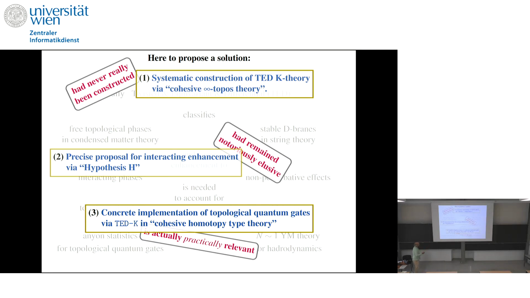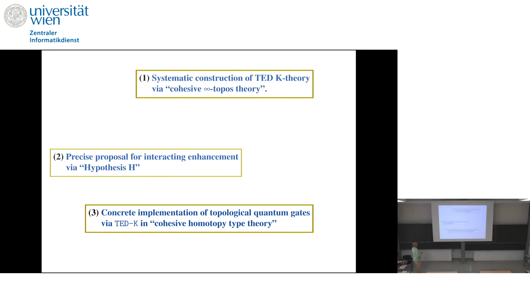And if you combine these things, you get an actual programming language for topological braid quantum gates, which connects to the actual application. So it's these 3 points that I do want to convey broadly the basic idea of. I have lots of details in the slides, but we'll see how far we get. Systematic construction of K-theory, precise proposal for its interacting enhancement, that is, the interacting enhancement of whatever K-theory classifies, and a concrete implementation of the topological quantum gates.